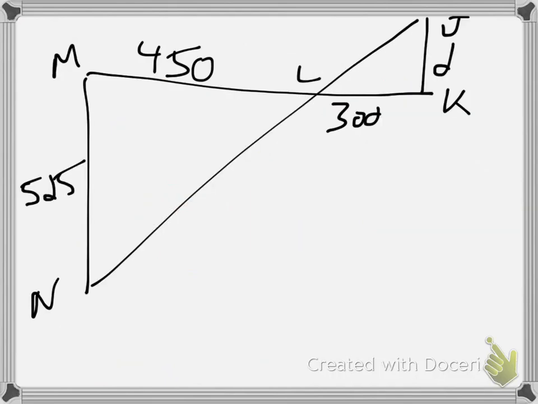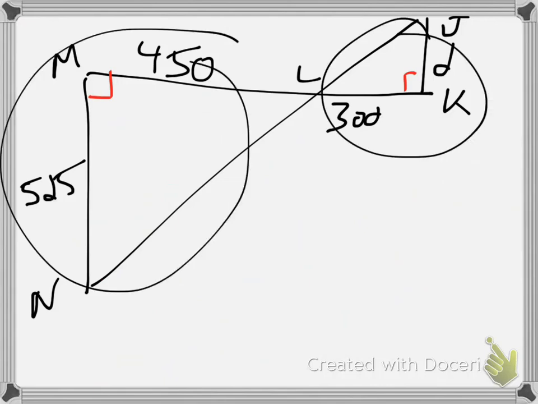Here's another situation. Alright, you're going to have a triangle like this, and we're going to use proportions or indirect measurement to figure out the measurement of the other triangle. These two triangles are similar. They're both right triangles. That's how the problem's set up. So let's figure it out. We have this triangle and this triangle.